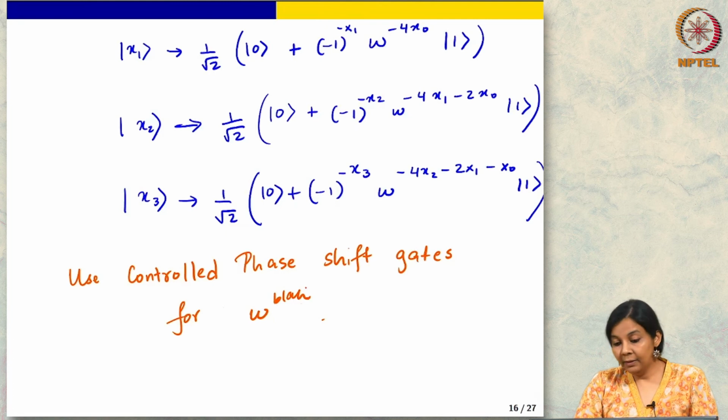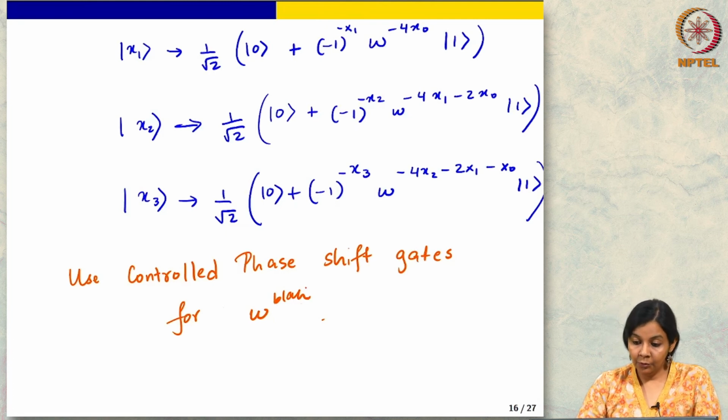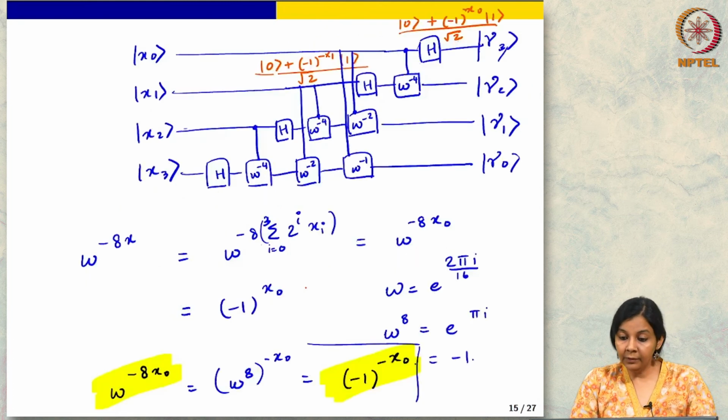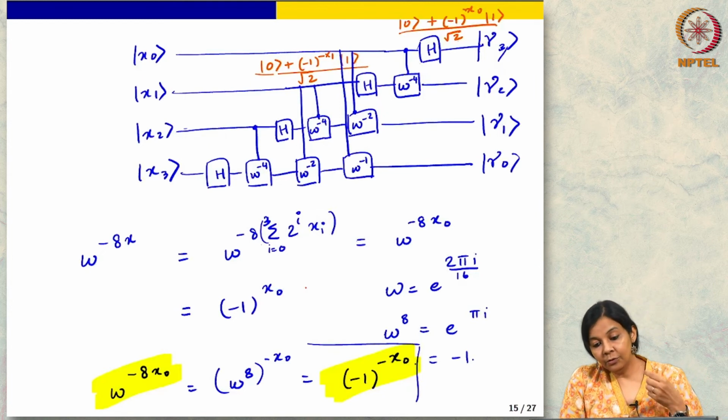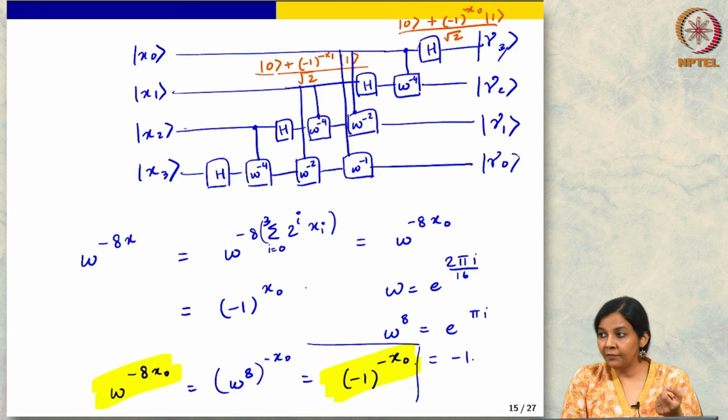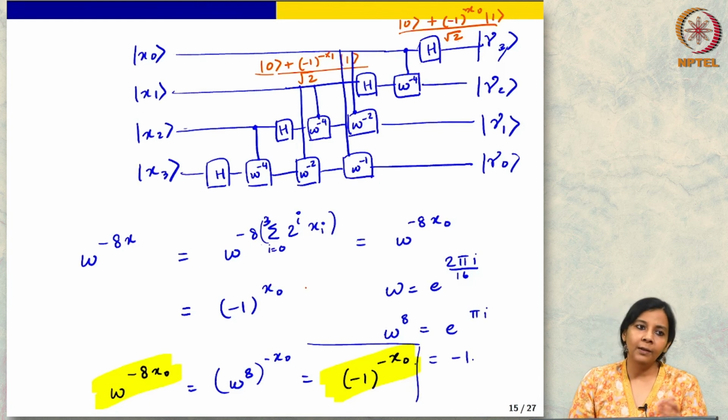So you can see that this circuit is efficient. Assuming that these controlled phase shift gates are efficiently implementable, which they are. We have not studied them in too much detail in this class, but maybe we will come to them again. In any case, you can check for yourselves that these are efficient unitary transformations.